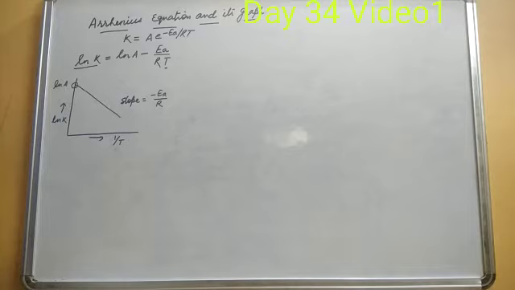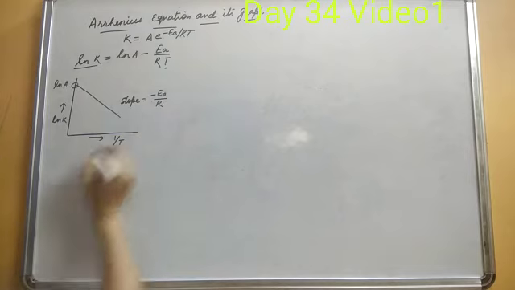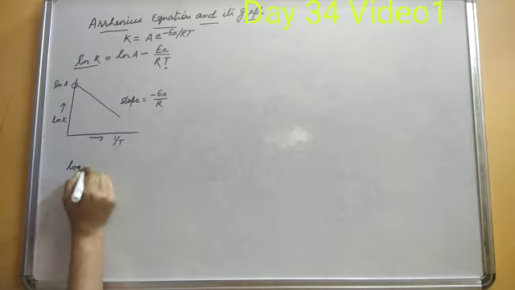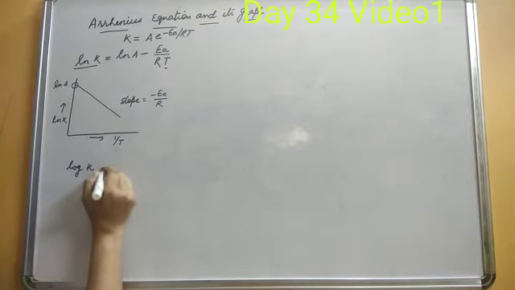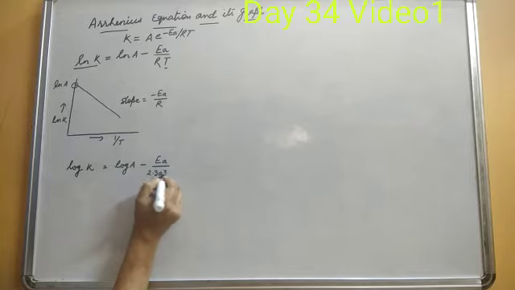This is the graph for the Arrhenius equation with natural log. If we change it into the base 10 log equation, log k equal to log A minus Ea over 2.303 RT, this will get converted.